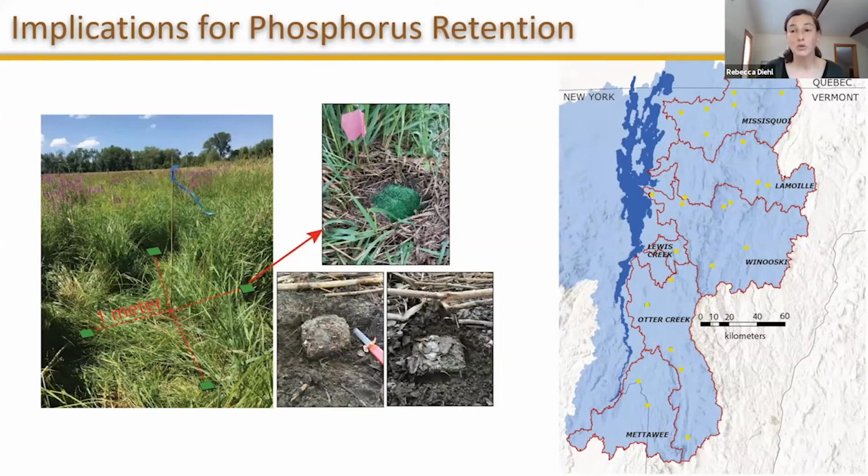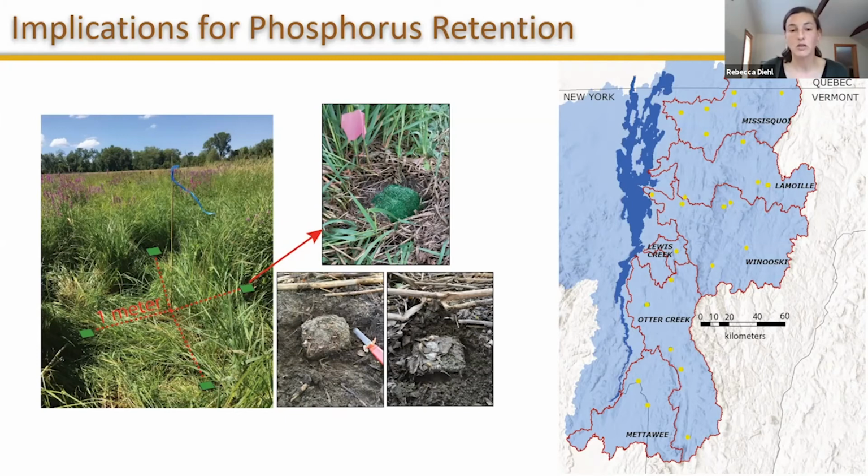And this is mostly true here in the Lake Champlain Basin, and in Vermont, we have very little data. And so the work I've been engaged in is trying to build that data set and build that understanding. In 2019, I established more than 180 monitoring plots on 25 different floodplain sites located throughout the Lake Champlain Basin.